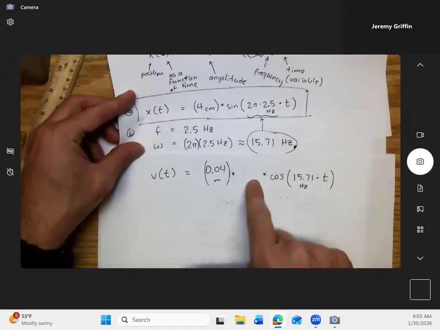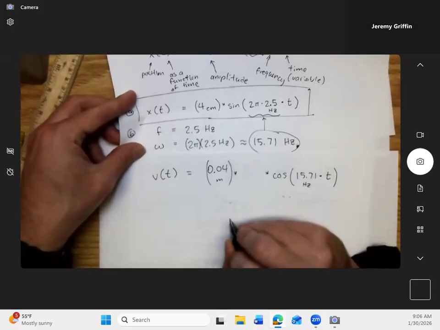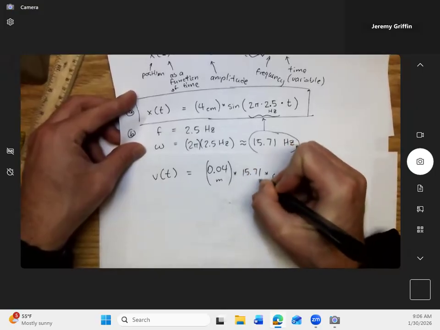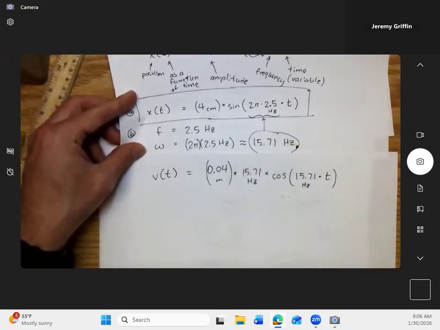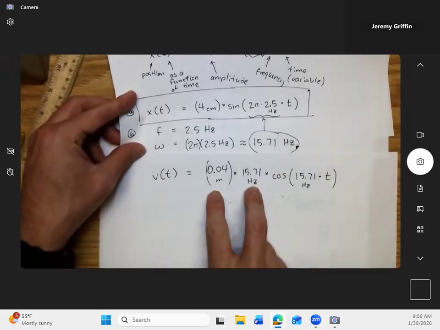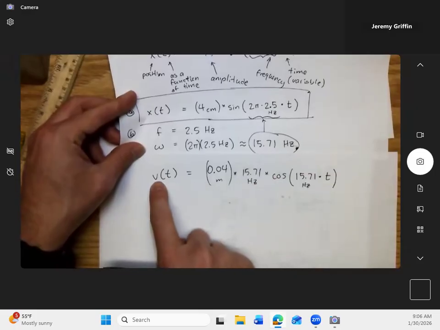Chain. So what number goes right here? 15.71 hertz. Guys, hertz, isn't that the same thing as 1 over seconds? What is meters times 1 over seconds? Meters per second, which describes some kind of velocity.